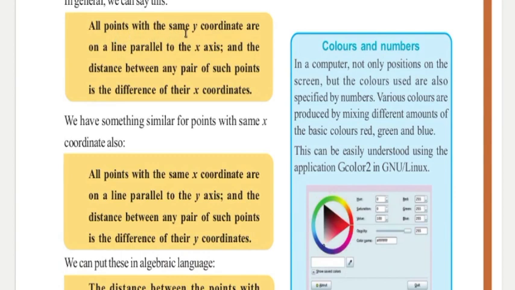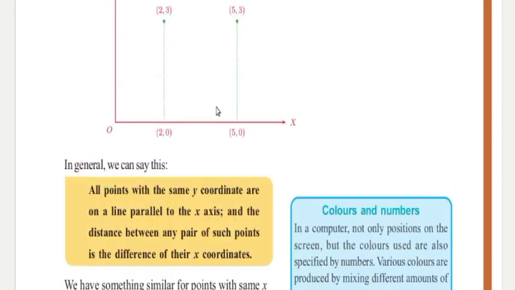All points with the same y coordinate are on a line parallel to the x axis, and the distance between any pair of such points is the difference of their x coordinates.